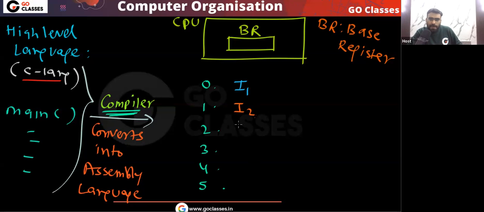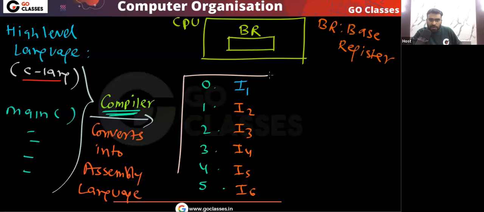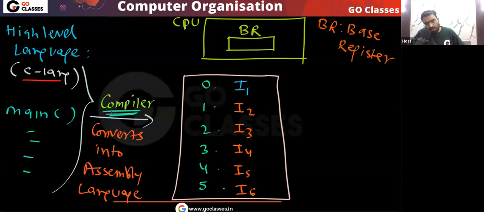I2, I3, I4, I5, and so on. Is this clear? So this is what your compiler will do. It will give line numbers.